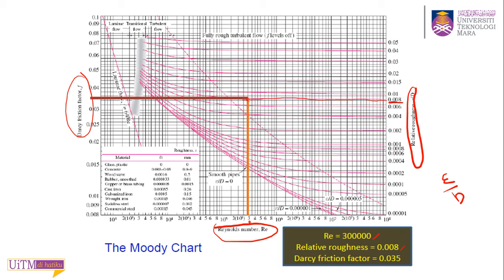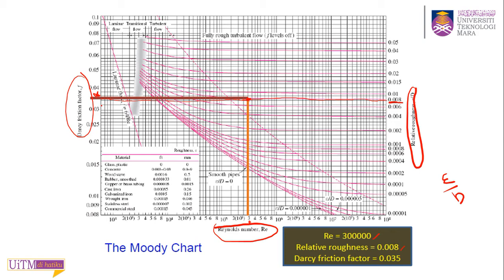At this intersection, you keep on drawing your line to the f axis, the friction factor axis, to get your value for the Darcy friction factor. Here, what is the value? Here it is written 0.03 and this is 0.04.